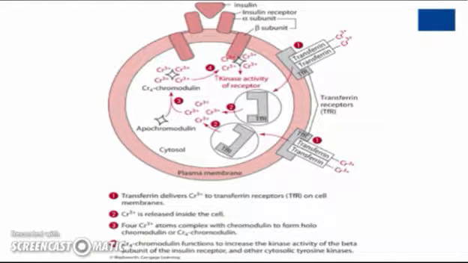We see here the diagram of a cell. We have either a muscle or adipose cell. For example, we see the transferrin bound to chromium binding to the transferrin receptor, and we see that this is taken into the cell. We see that the chromium is released from the transferrin receptor.